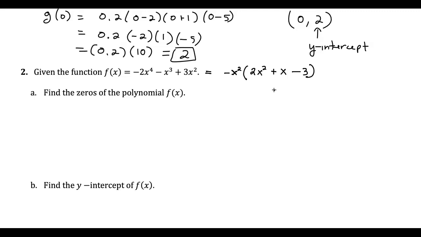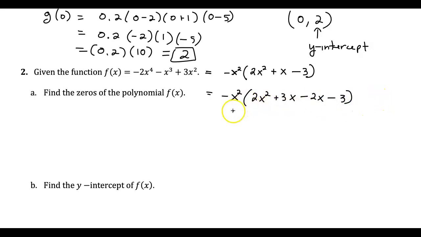And now what I'm going to do is factor this, right? So this can be factored. Now you could also use the quadratic formula here, but if you remember, we can factor this. There's a method called splitting the middle that you might remember from an algebra class, where we can say, okay, this is really 2x squared plus 3x minus 2x minus 3, right?